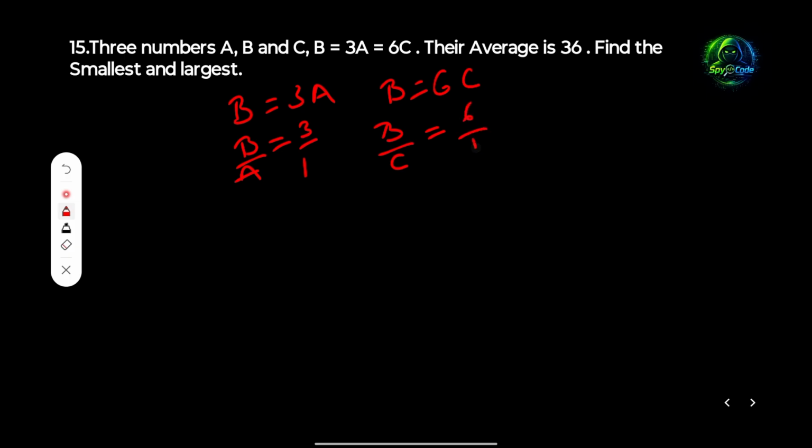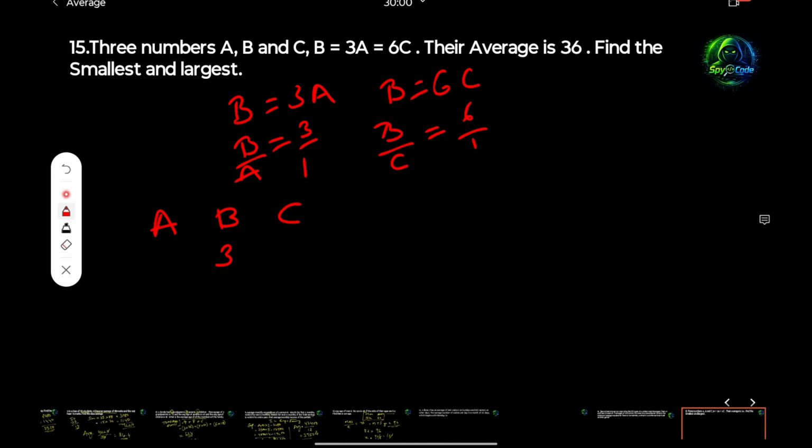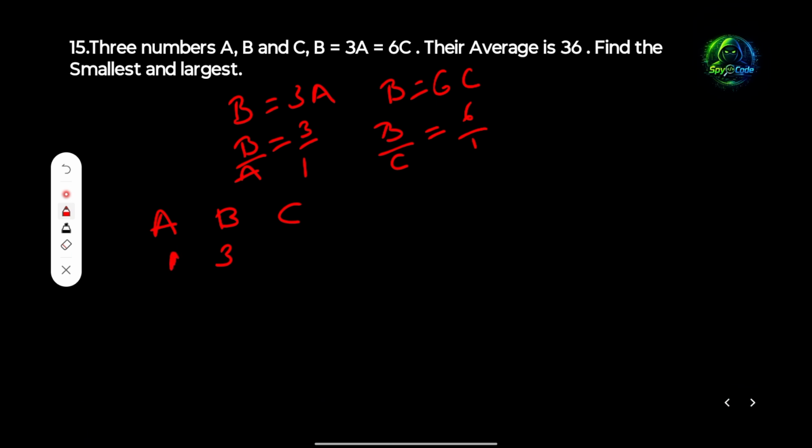So for A, B and C, the ratios are first A by B, which is 1 is to 3, and B by C, which is 6 is to 1.